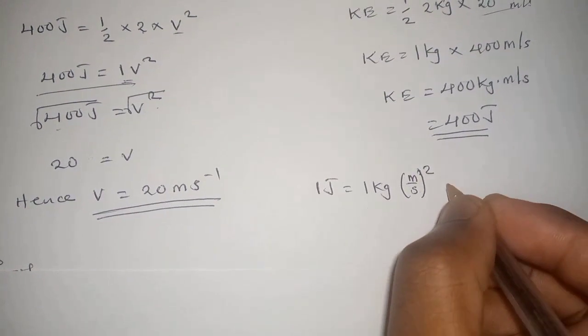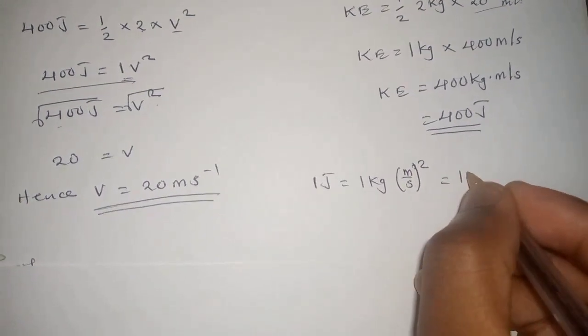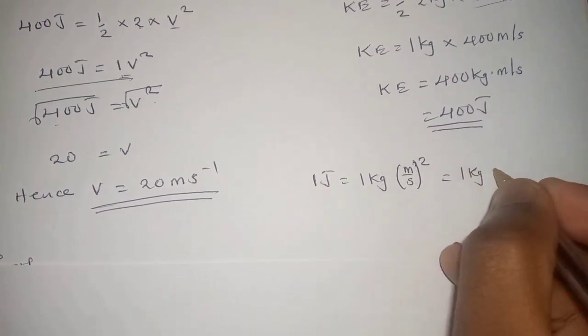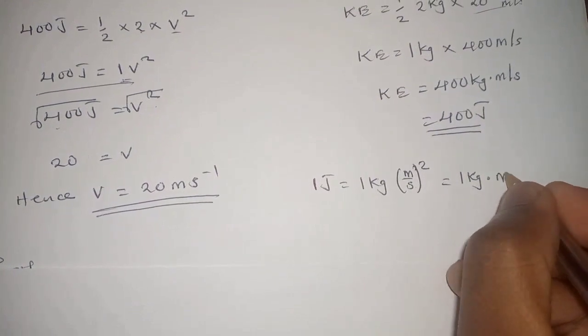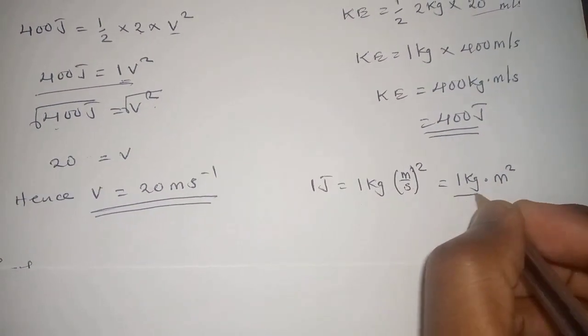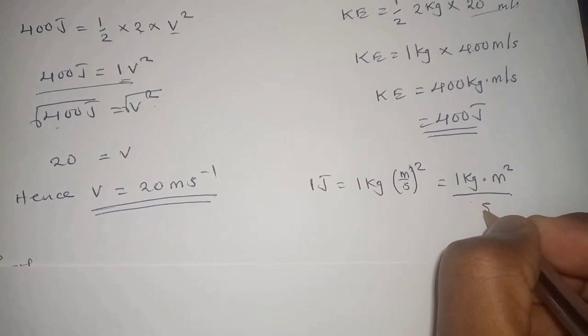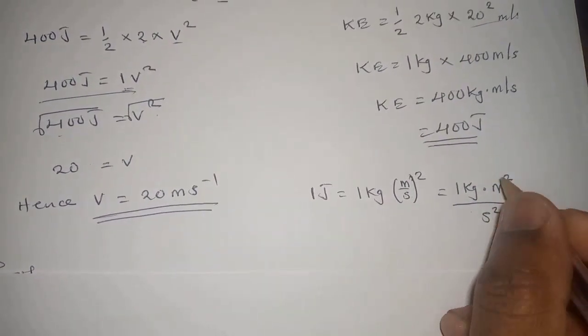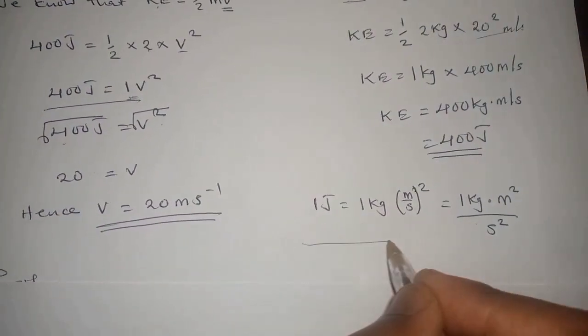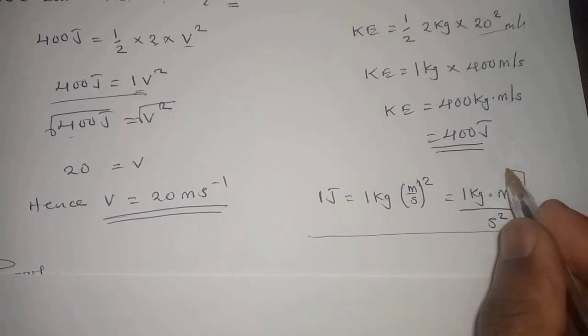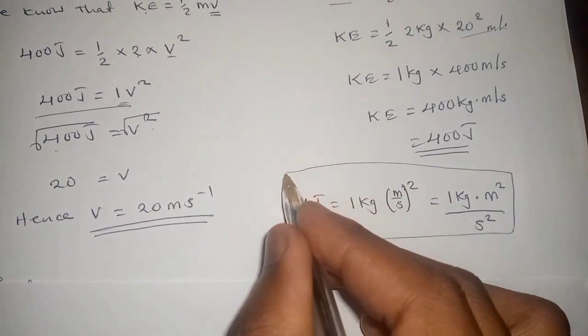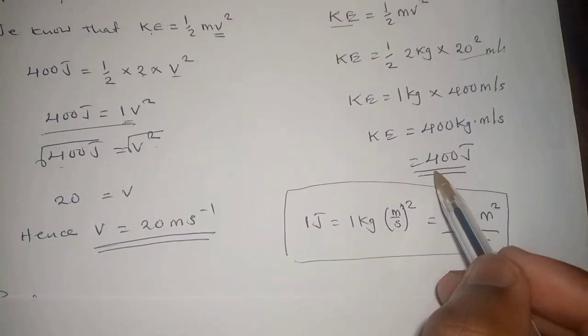So this is kg multiplied by velocity squared, but we can also write it as kg m squared over s squared. So this and this mean the same, and this is very, very important for us to know.